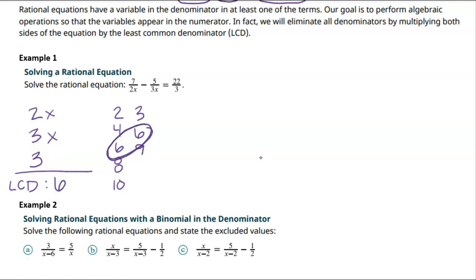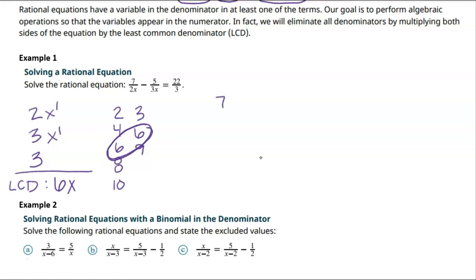However, if I only multiply through on every single term here by 6, I would not get rid of the x as well. Since x is to the power of 1 on both of the rational expressions that have an x, I can also say that x to the power of 1 needs to be in my least common denominator.